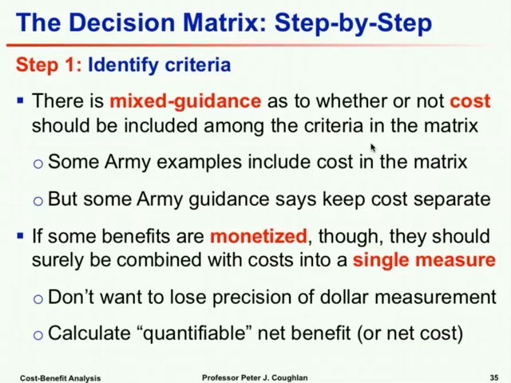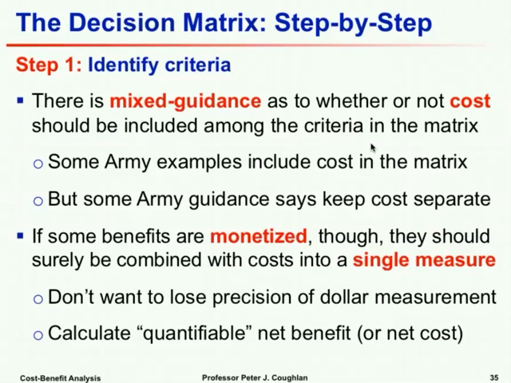So if you have some benefits that are monetized, and you have costs that are monetized, calculate the quantifiable net benefit, or net cost, depending on how it comes out, which might be the monetized benefit minus the monetized cost, and have that be included in your decision matrix, and then the other things that are not monetized would also be included in your decision matrix.